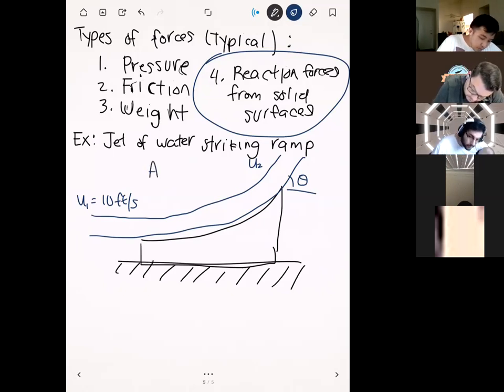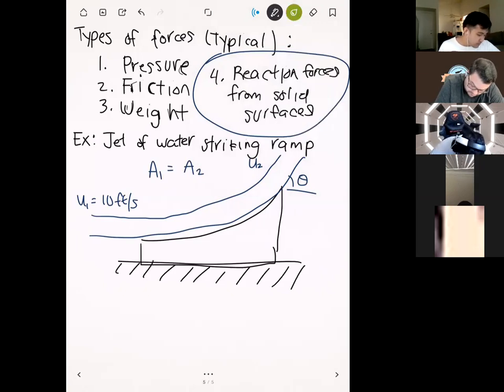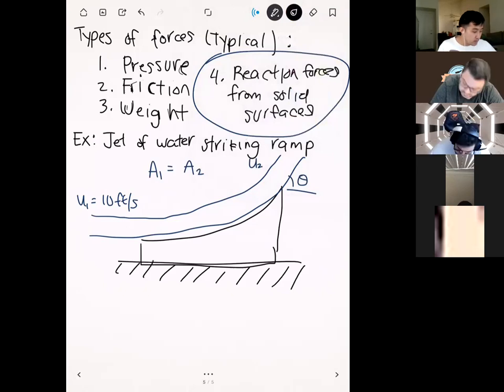Another thing that we know is that A1, the area of the inlet jet, is going to be equal to the area of the outlet jet too. What we're interested in solving for is what are the forces that are required to keep this ramp in place.